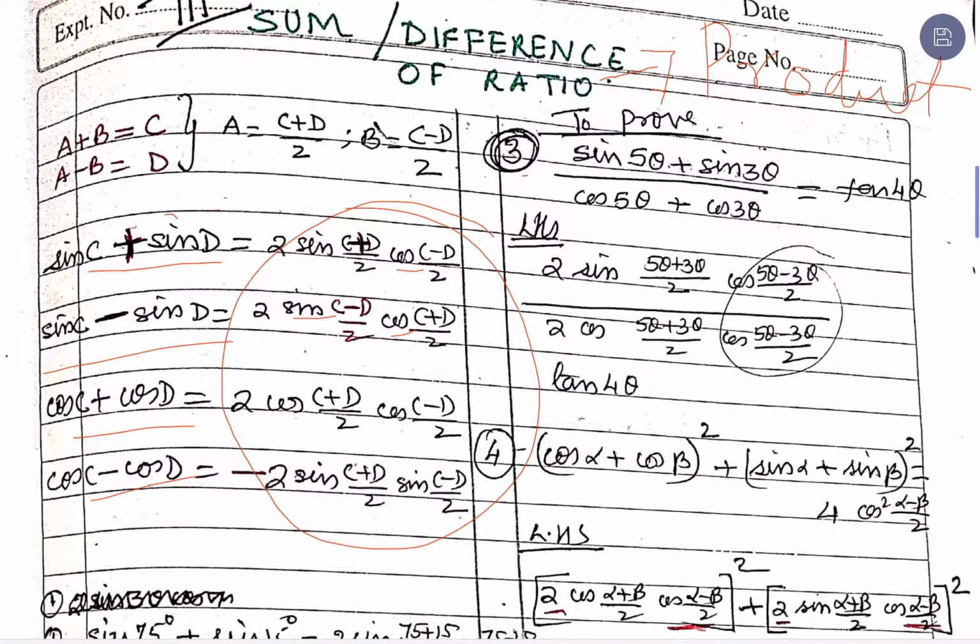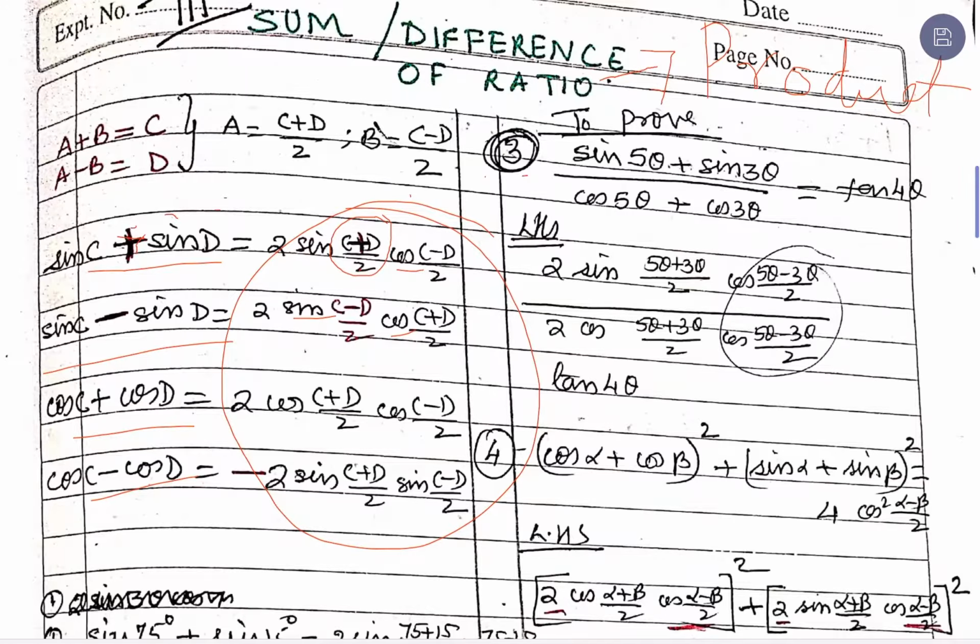Now which sign will be associated with which ratio? It's very clear. You read the left hand side, the sign that we have on the left hand side is associated with the sine ratio. So if this is plus, the right side is sine of (C + D) on 2.